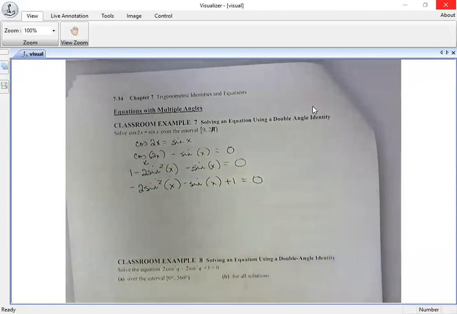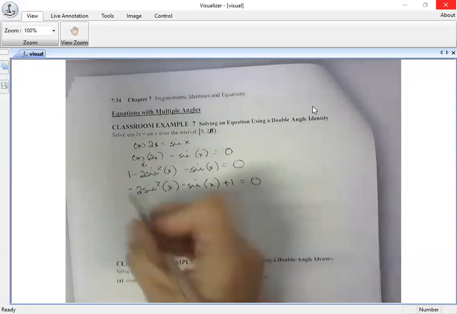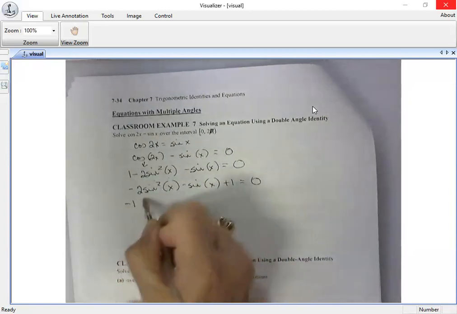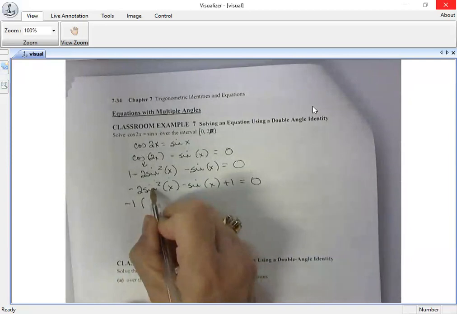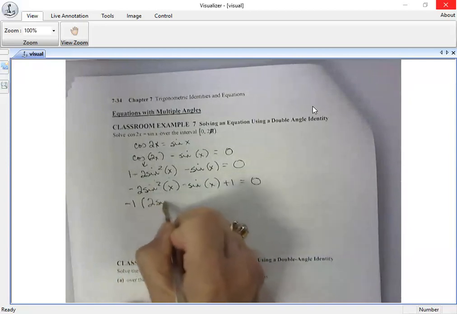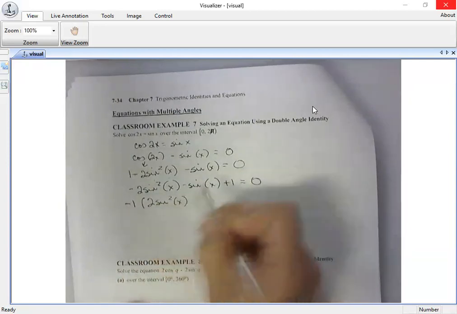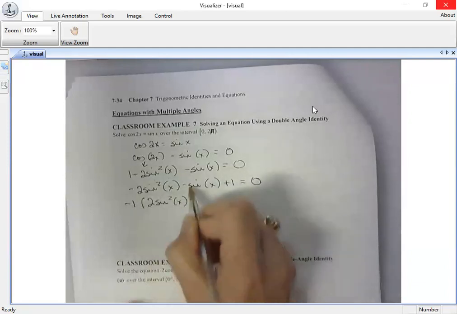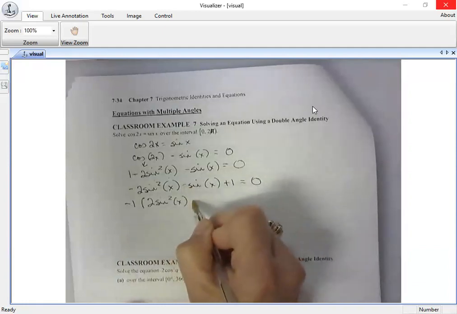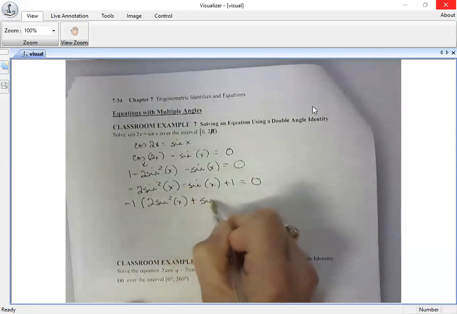I could factor out a negative 1, couldn't I? Because then if I factor out a negative 1, what would go in the parentheses? Negative 1 times what gives me this? 2 sine squared of angle x. Now what do I get? Negative times what gives me a negative sine x? I need a plus sine x.